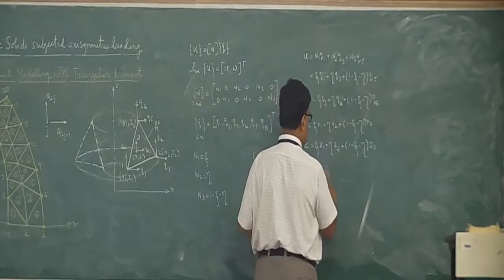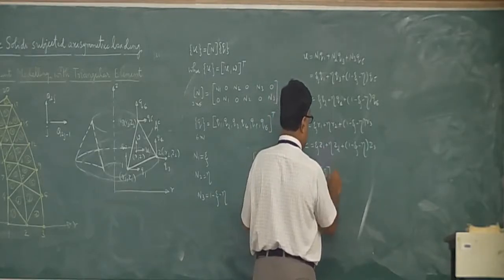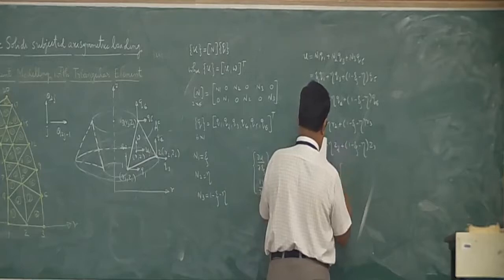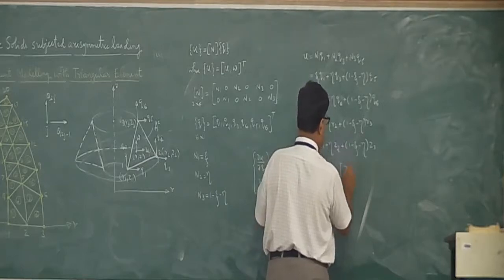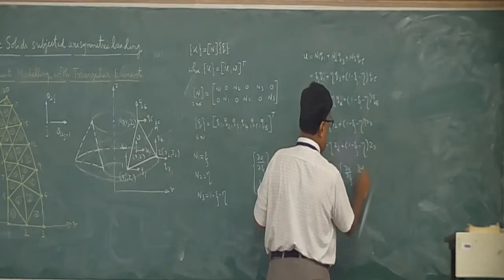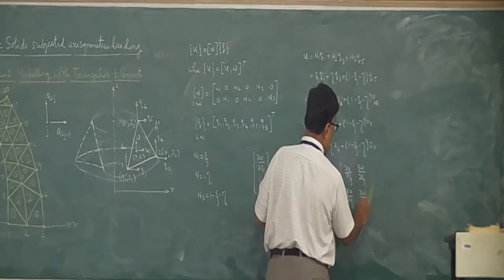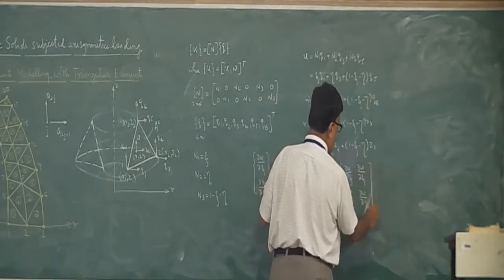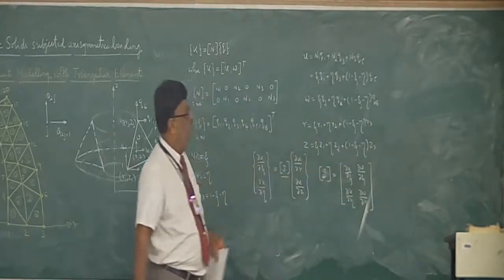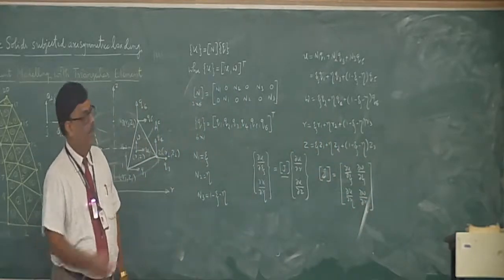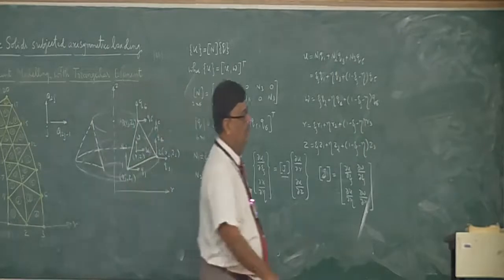What is this J? J, if you rewrite that, would be equal to dou R by dou zeta, dou Z by dou zeta, dou R by dou eta, dou Z by dou eta. See, this is called the Jacobian of transformation. With the help of that, I can easily find this out.